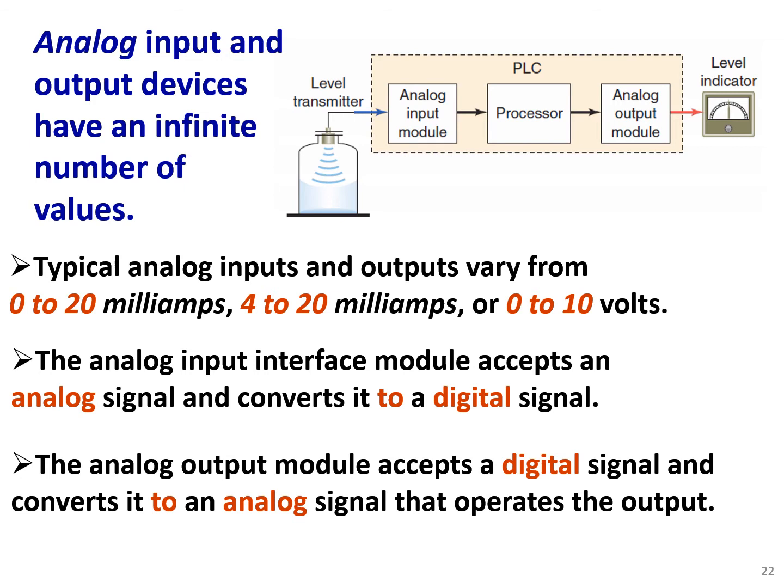So say discrete is for digitals and infinite is for analogs. And if we need to discretize it, we need to digitize our analog input in cases where needed. Typical analog inputs and outputs vary from 0 to 20 milliamps, 4 to 20 milliamps, or 0 to 10 volts. Okay, so these are the ranges.